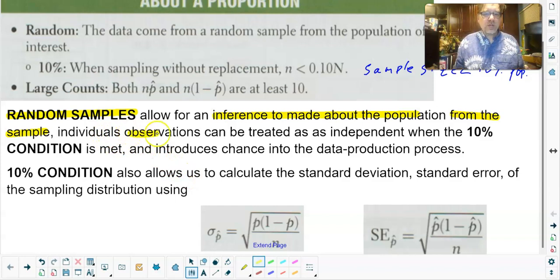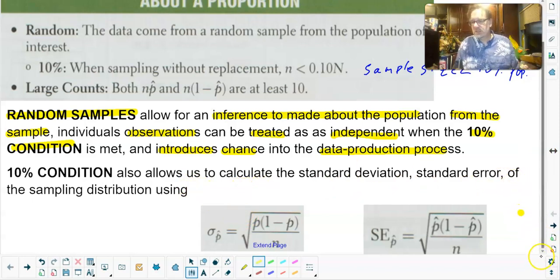My individual observations can be treated as independent if we meet the 10% condition. And this is important because the 10% condition introduces chance into my data production process. The 10% condition allows us to calculate our standard deviation as well.